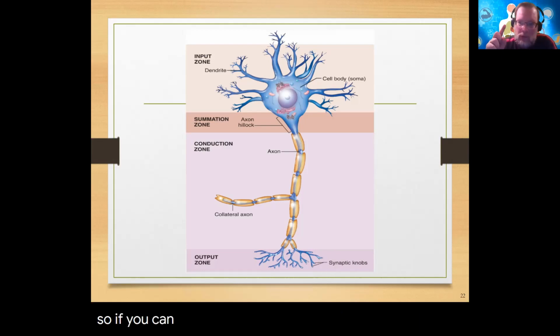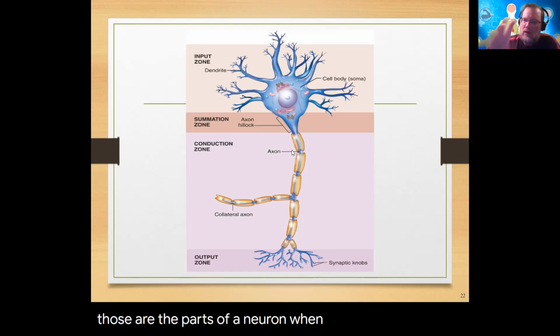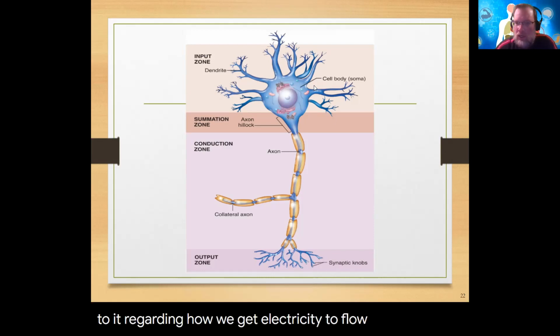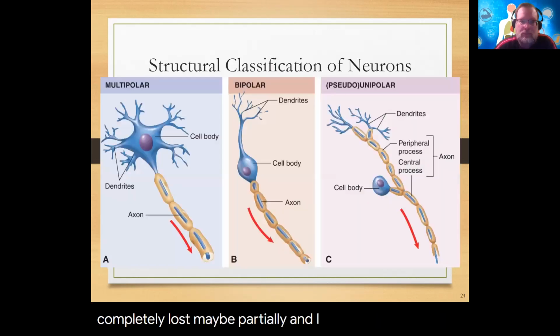So if you can remember dendrites, cell body, axon, those are the parts of a neuron. When I start adding things to it regarding how we get electricity to flow, how we get a stimulus to continue its pathway, and I start talking about dendrites and cell bodies and axon, you're not going to be completely lost. Maybe partially, but not completely.